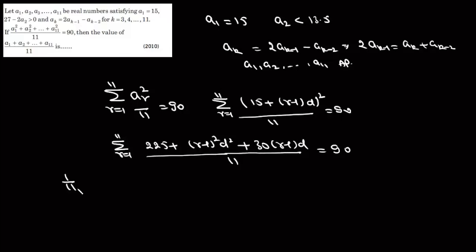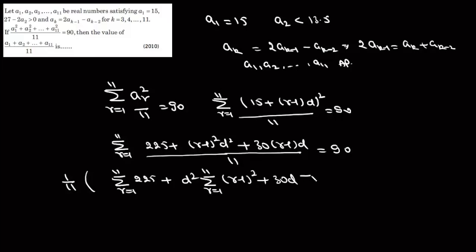We'll take 1 by 11 common, and then we'll have this summation r varies from 1 to 11 of 225, plus we'll take d square out, it will be the summation r varies from 1 to 11 of (r minus 1) square, plus we'll take 30d out, and then it will be the summation r varies from 1 to 11 of (r minus 1), and this is equal to 90.